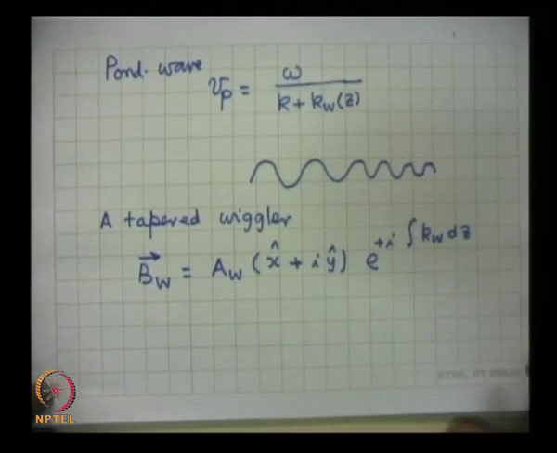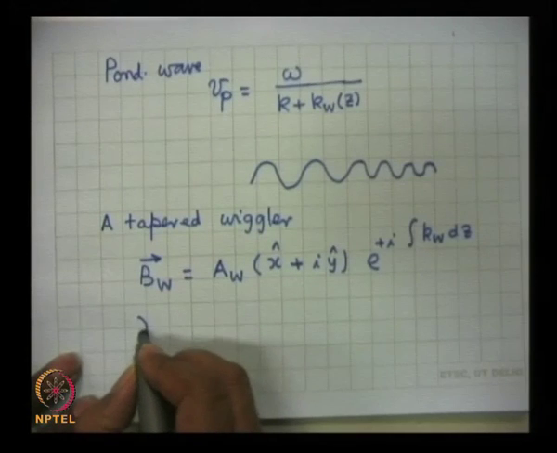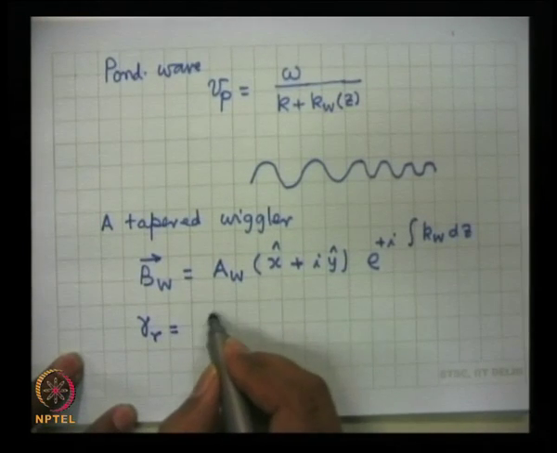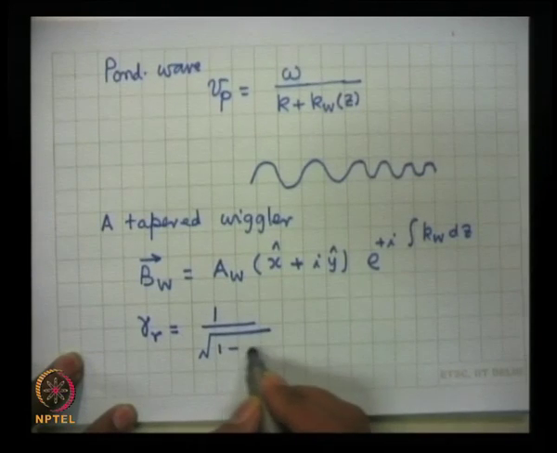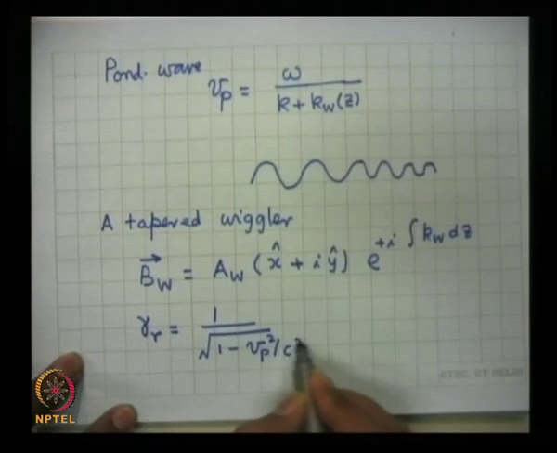Then what is happening? The resonant energy that we define, gamma r, will be a function of z, because gamma r we defined as 1 over the square root of 1 minus Vp squared by c squared.